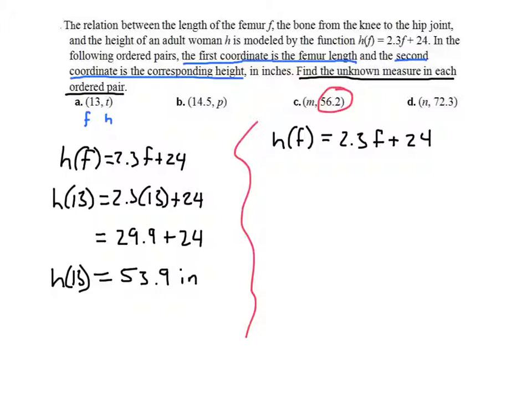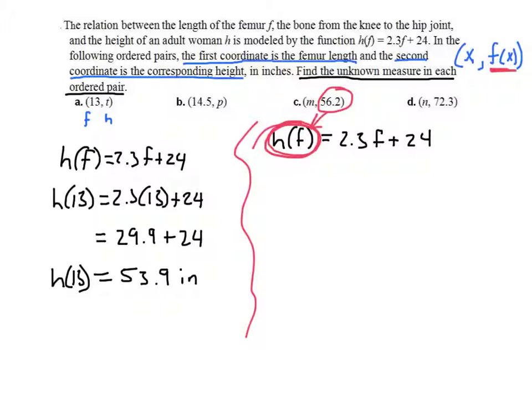Remember, when I introduced function notation to you guys, I said that all coordinates can now be written as x comma f of x. Right? That meant that that entire f of x notation was the output. That means that 56.2 gets substituted in for this entire output.